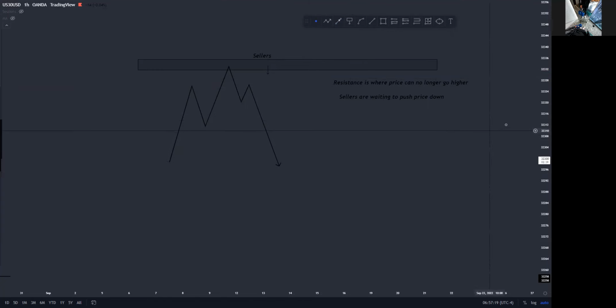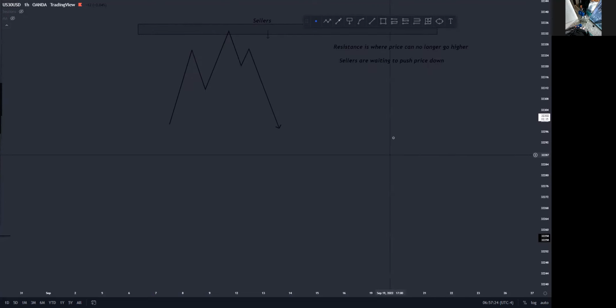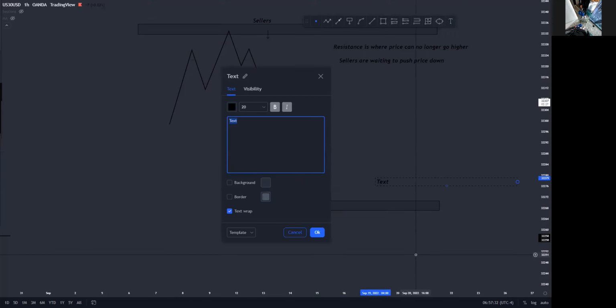Now, this goes along with a support as well. So let's just move this up a little bit. Keep it there just so you can see. And we have a support. A support is, and let's just do it the same way, where price can no longer go lower, right?